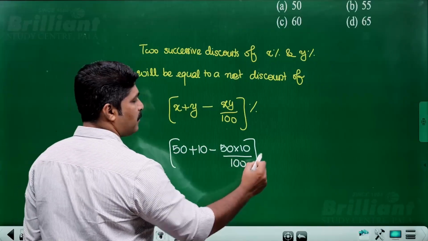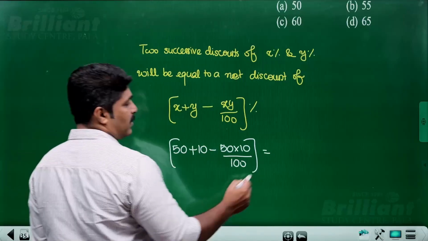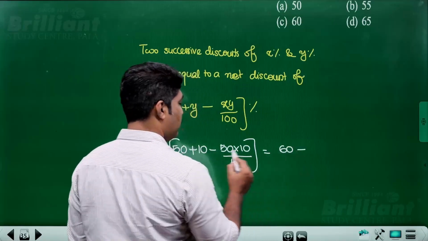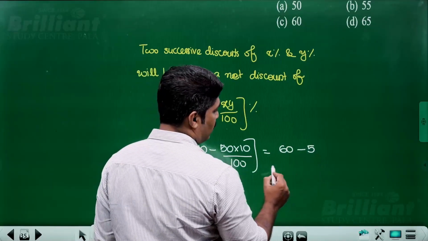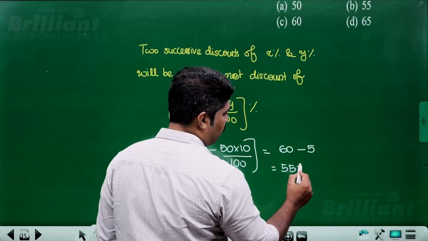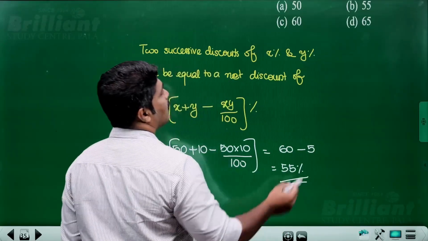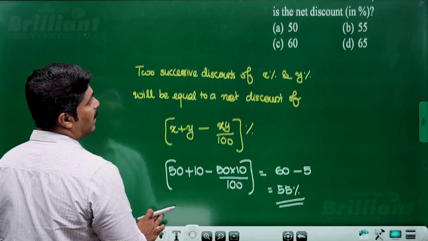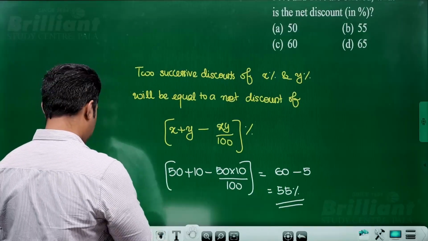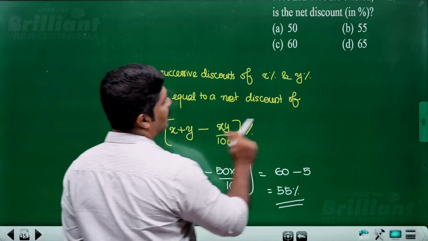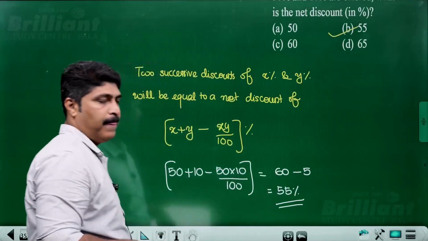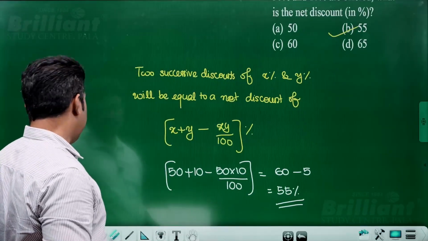That's the net percentage of discount. Here 50 plus 10 is 60, minus 50 into 10 by 100, that is 5. So this is 55% discount. The answer is 55%. Directly you can reach the answer to this question. This is the easiest way.